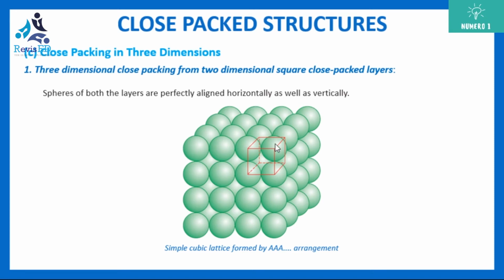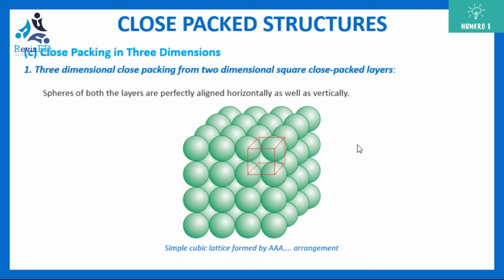Each layer is your A arrangement. So this one has a coordination number of 6. If you choose any one atom, there will be 4 on the same plane, one here, here, and one in the front which is not shown, and one on the top and another on the bottom. So this is a typical structure of NaCl.